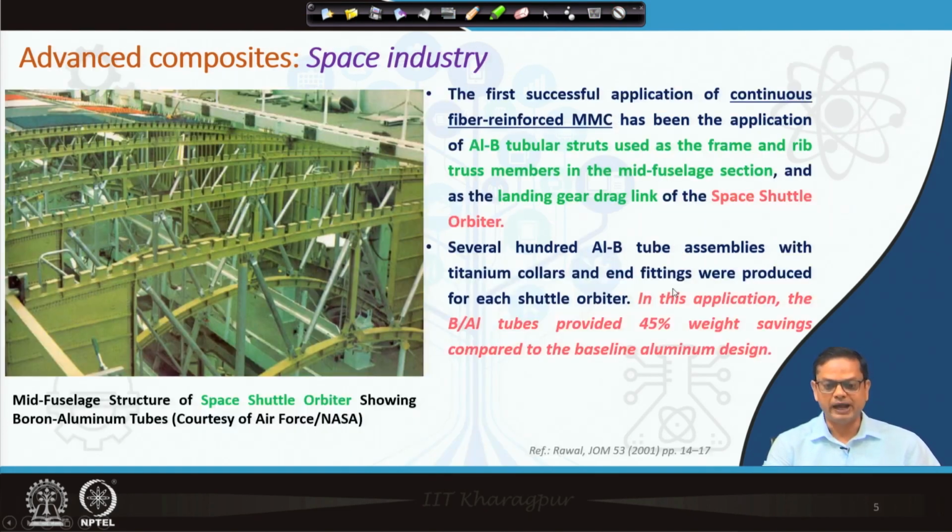Okay. So, if you look at this particular picture, this picture is actually the mid fuselage structure of space shuttle orbiter. Okay. So, as you can see here, all these struts, and also you can see these tubes, these tubular struts.